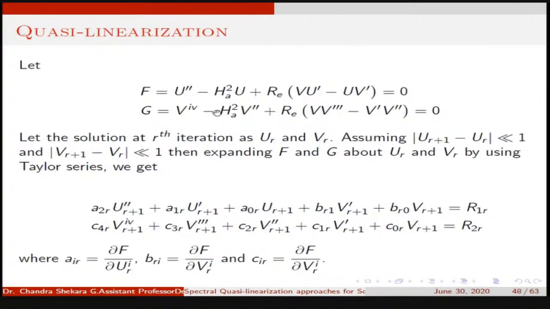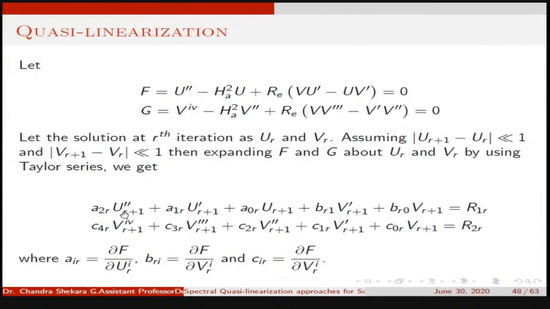So you take that F and G, then you assume the solution at the rth iteration for these equations as ur and vr, and then use the condition that the absolute value of the difference between present iteration values and previous iteration values is very small. Then you can expand this F and G as a Taylor series by using multivariable calculus in the following form.